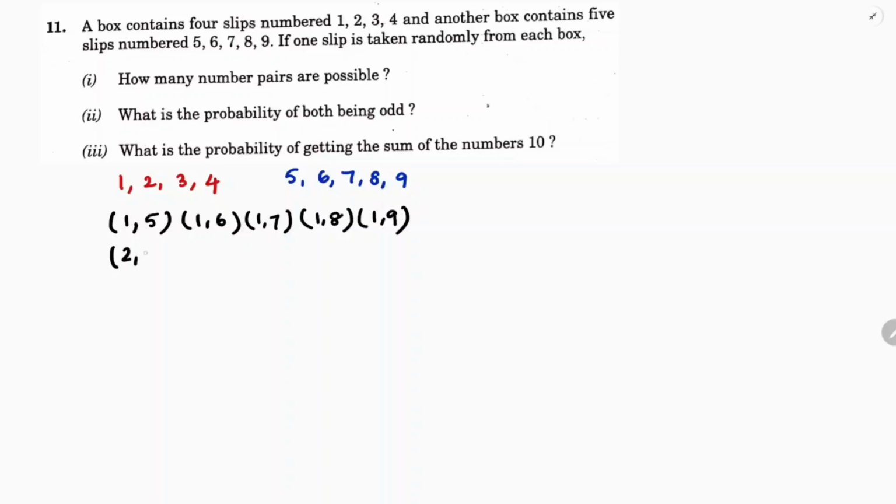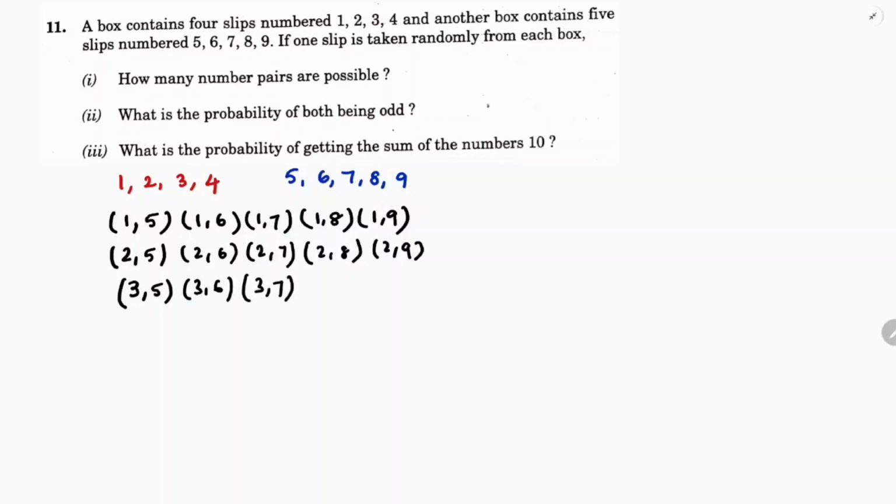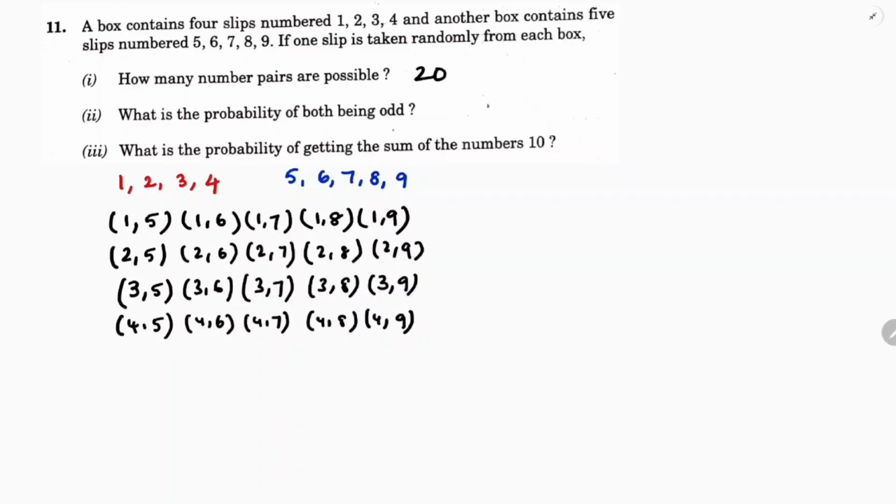Next with 2: 2, 5, 2, 6, 2, 7, 2, 8 and 2, 9. Next with 3: 3, 5, 3, 6, 3, 7, 3, 8 and 3, 9. Next with 4: 4, 5, 4, 6, 4, 7, 4, 8, 4, 9. So the total number of pairs possible is 20, because 4 times 5.